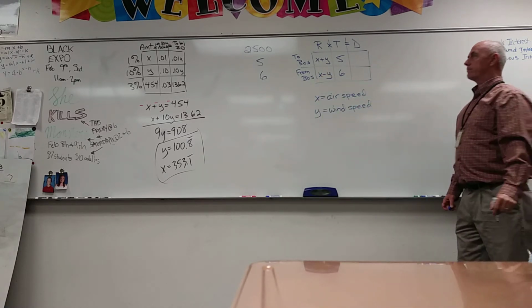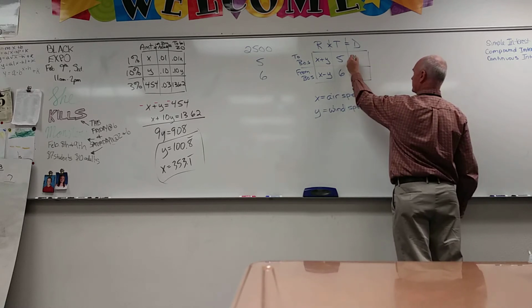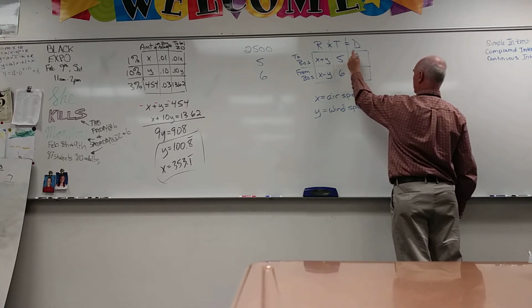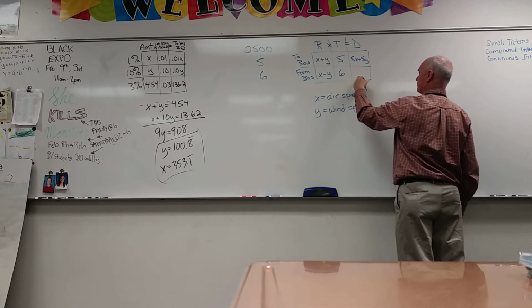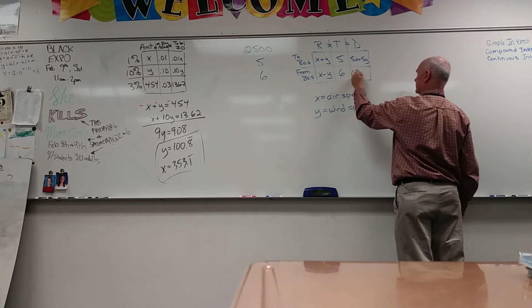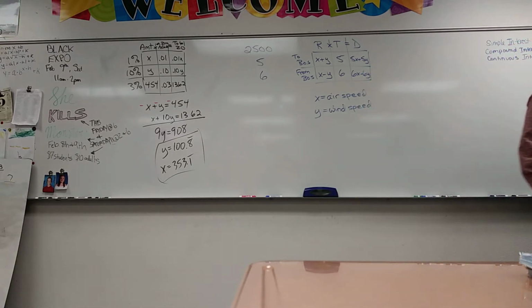Which means that as we multiply across, to Boston the distance is 5x plus 5y, and coming back, multiplying across, you get 6x minus 6y. What do we need now? Two equations. Nothing's changing.